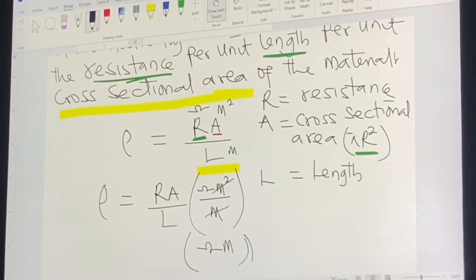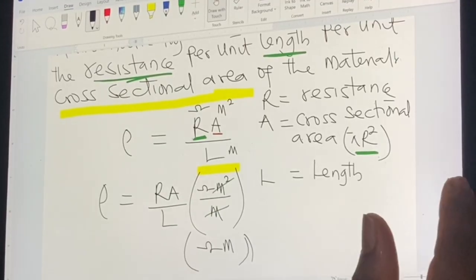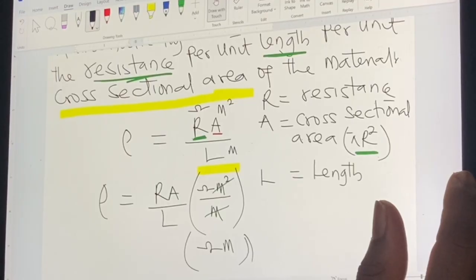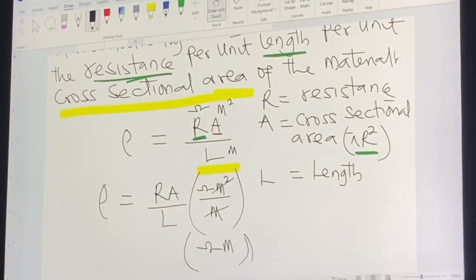Right, now let's look into some questions on resistivity. But before we look into some possible questions, let's understand more about the formula. Let's look into the variation of resistance from the formula. There are certain questions you will come across, such as: when the resistance increases, what happens to the length?